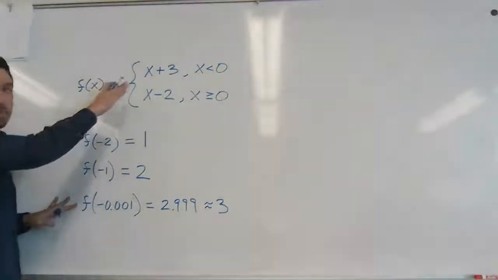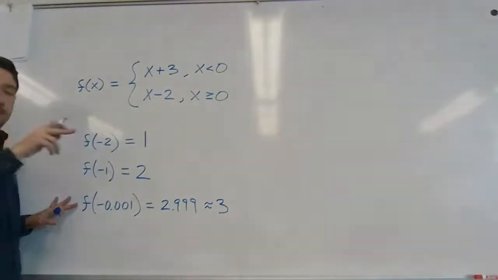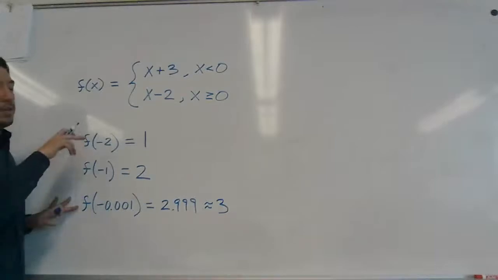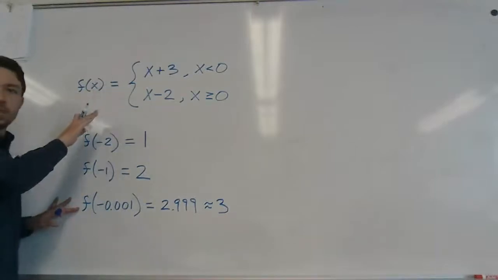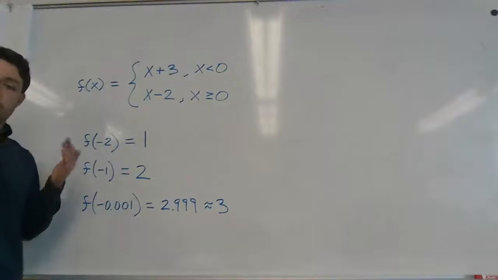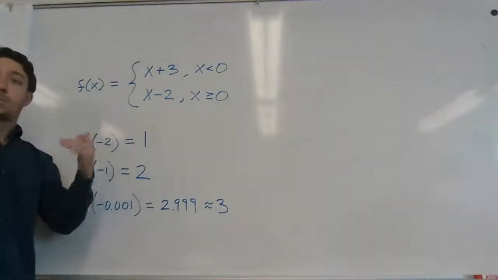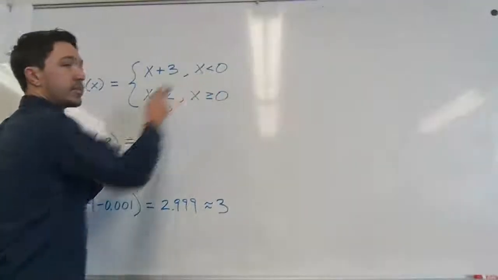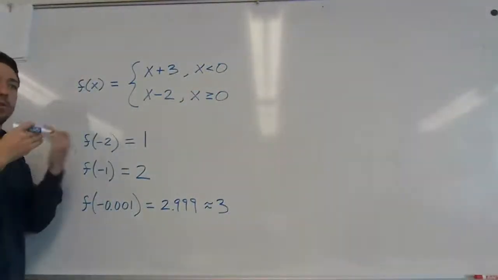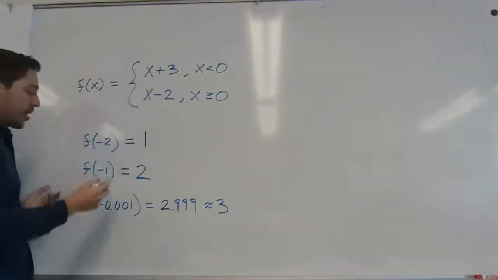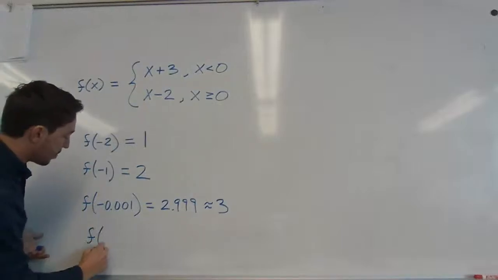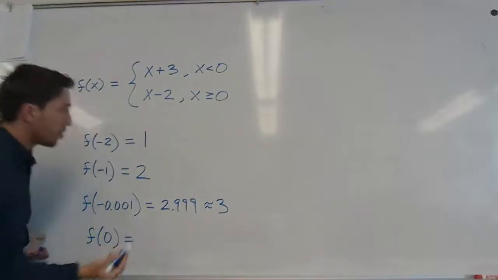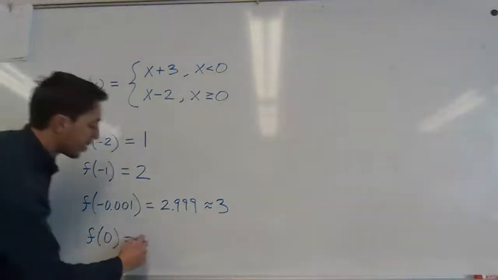So with this function, you're going to find there's a hole there. When you have a piecewise function, it's often interesting to look at the limit as you approach from the left, and the limit as you approach from the right for the value where we're changing rules. So what is f of 0? -2.